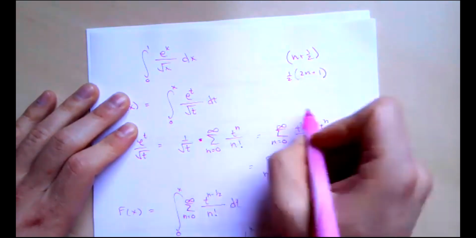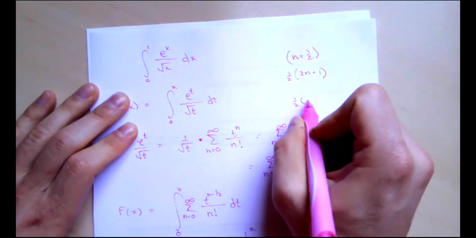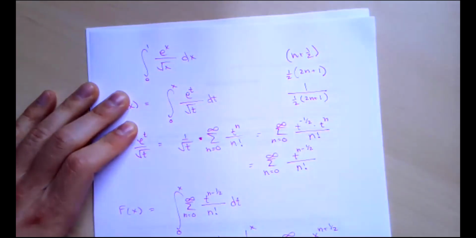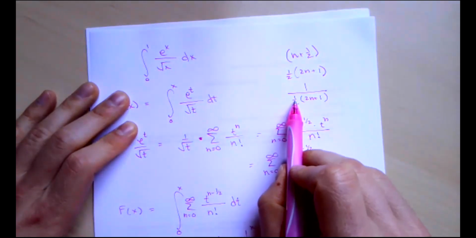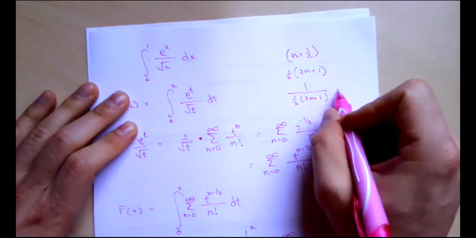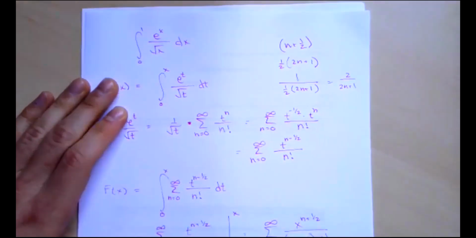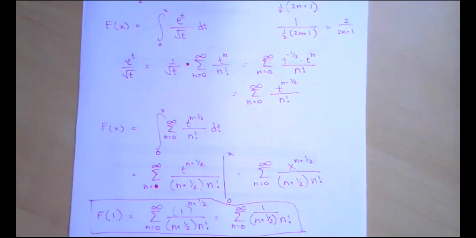But remember, that was in a denominator, so it would be 1/2 times 2n plus 1. And then I could take that divided by a half and move it up. That's another way you can arrive at the same constant.